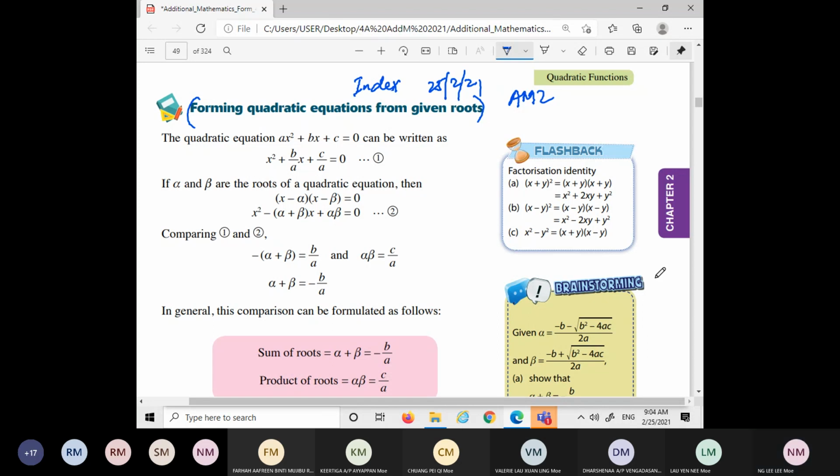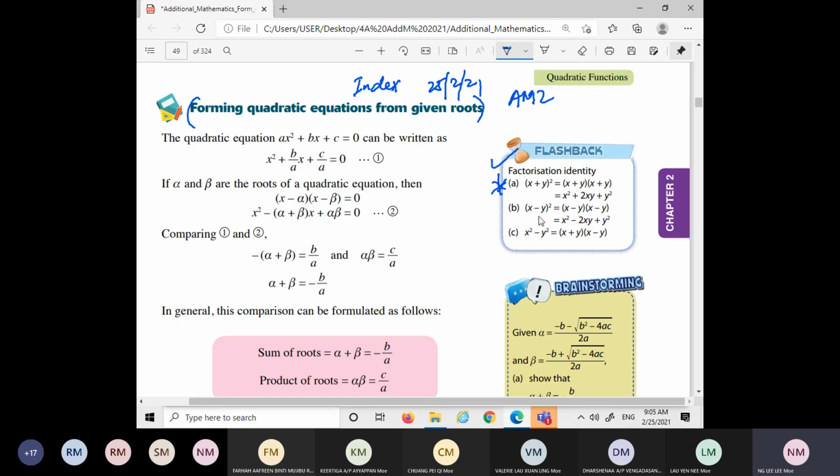Okay, before that, look at this. You may copy this in your notes. Factorization identity. You can expand one by one, then after simplifying you get this. This is for x plus y whole thing squared.